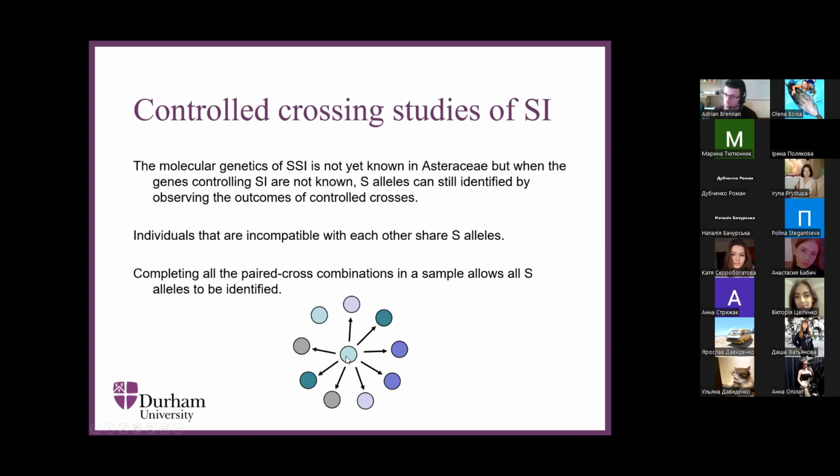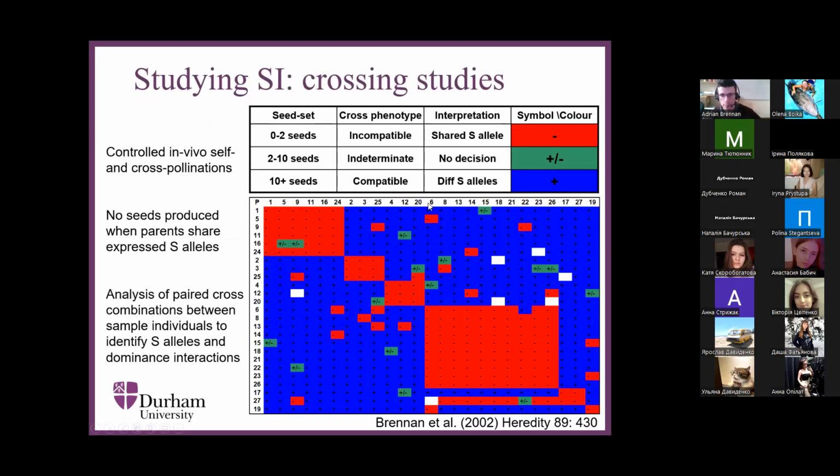So you can perform what are called diallel crosses. You perform every paired combination of crosses in a sample and figure out which were the compatible interactions and which were the incompatible interactions. From that, you can figure out what S alleles were present in that population. So here's what that might look like.